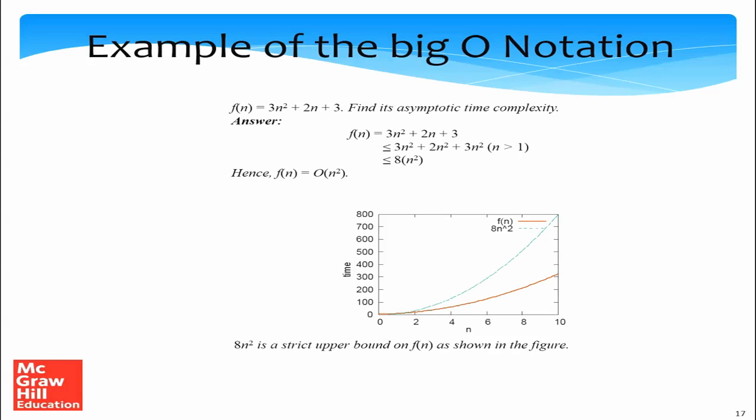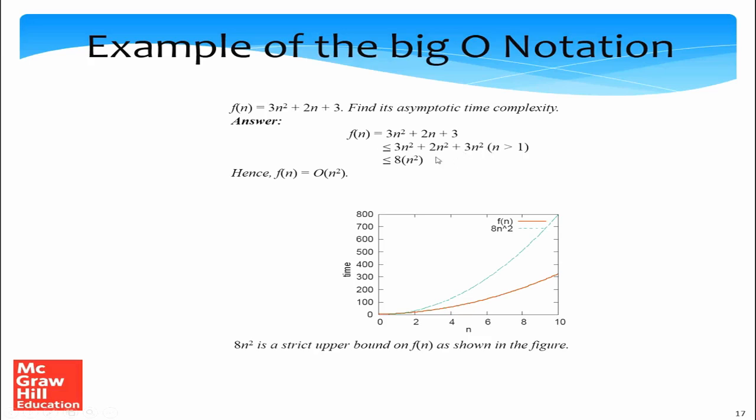Now let's consider an example of the big O notation. Let's look at f(n) equal to 3n square plus 2n plus 3, and let's find its asymptotic time complexity. So f(n) is 3n square plus 2n plus 3, which is less than or equal to 3n square plus, well, 2n is less than 2n square when n is greater than 1, and 3 is also less than 3n square when n is greater than 1.